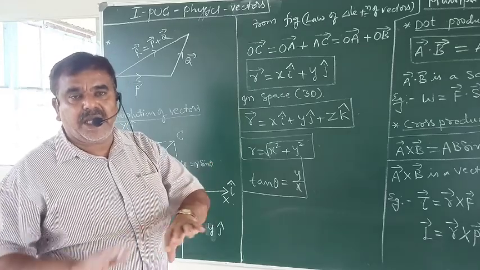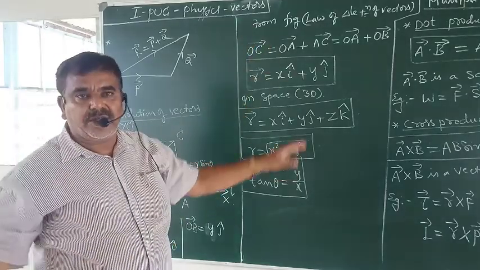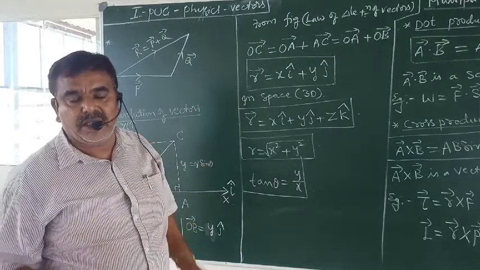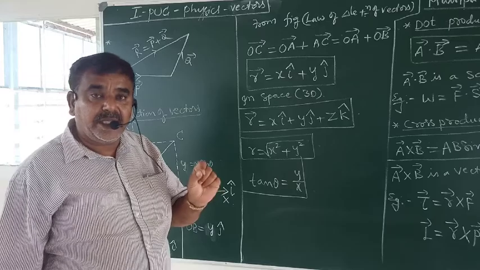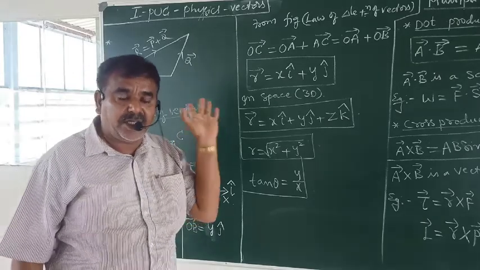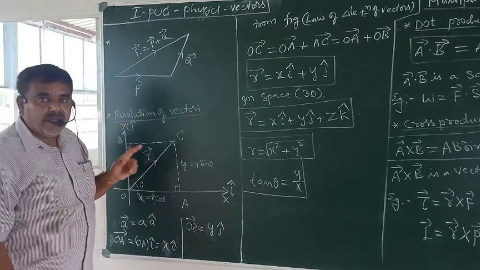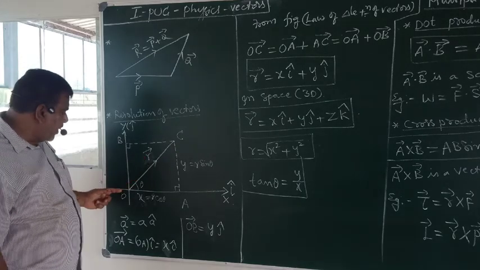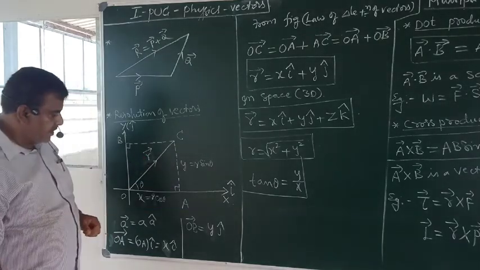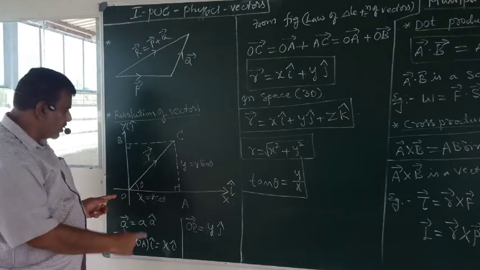A vector has effect in all directions, in all solid angles. That effect of a vector in a certain specific direction is called its component. The effect of this vector along the x-axis is called its component.